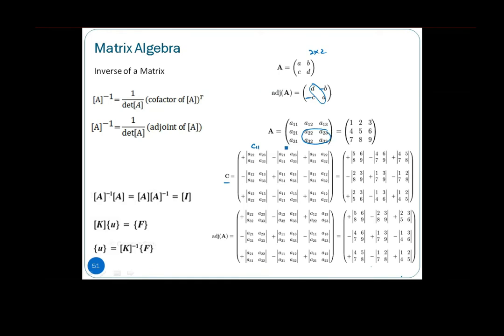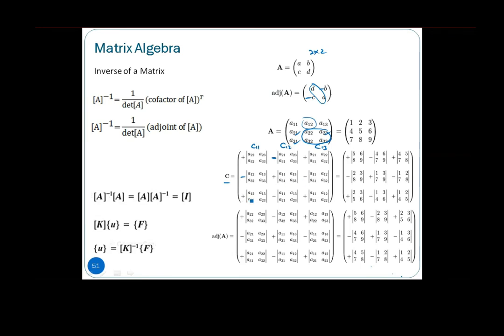Positive, right? For C13, again the same. You have A12 onwards, then you have A21, A31, A23, A33. But you put a minus here. So plus, minus, plus for the first row. The second row is minus, plus, minus. The third row is plus, minus, plus.